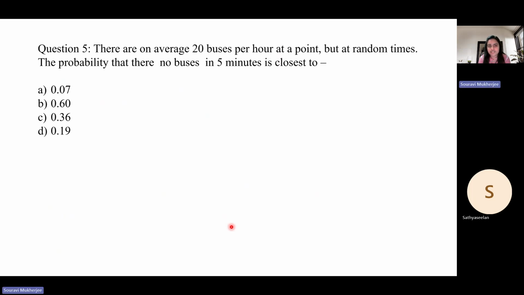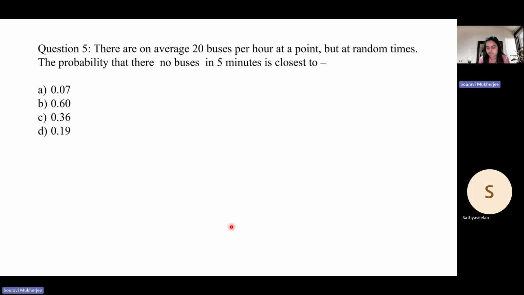Now there can also be questions like this. Based on the question, you have to first identify what is the distribution that we are looking into. In most cases, it's a very standard distribution based on what we just discussed, right? Now, it says that there are on average 20 buses per hour at a point, but at random times. This idea of random occurrences is associated with the Poisson distribution.